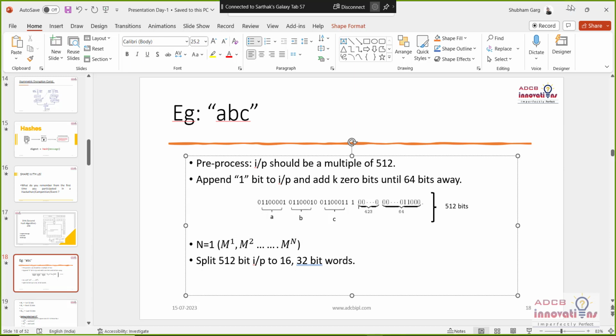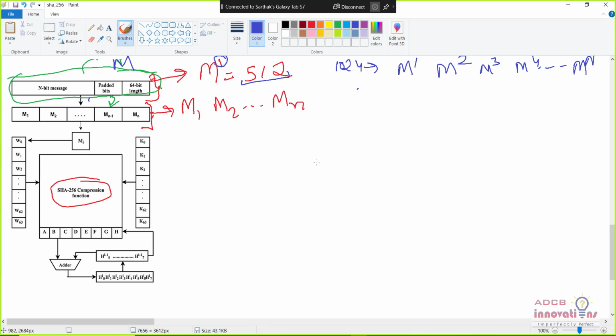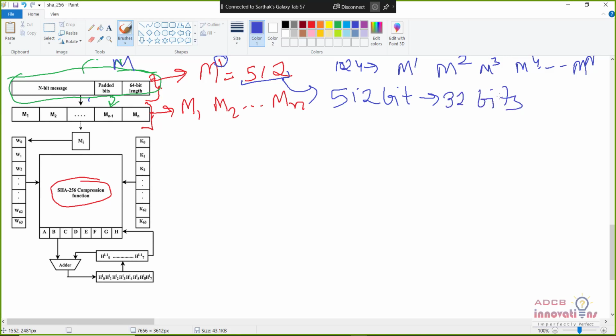Now what we need to do is that there is the 512 bit input. However, whenever we are creating an SHA accelerator or SHA-256 compression function, the input will never go as 512 bits. So we need to divide this into messages of 32 bits, so that our input could be given.